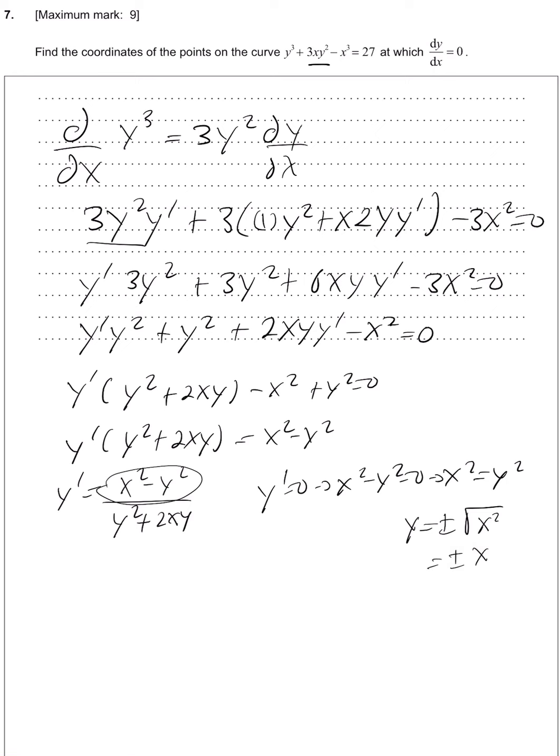So I've defined y in terms of x. So at y equals x, my whole function, 27, is going to equal, instead of where there's a y, I put an x: 3x squared x minus x cubed.